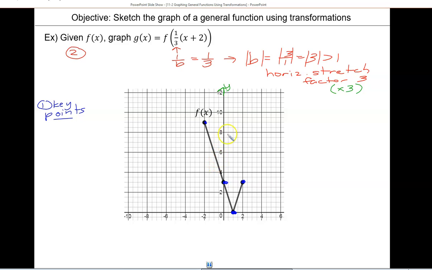Then after I do that, this plus 2 is in the h position, so I have to take the opposite of that to get my correct h, and the opposite of positive 2 would be negative 2. So this is telling me I have a translation to the left 2 units. After I make all of those horizontal distances to the y-axis 3 times bigger, then I'm going to count 2 units to the left.